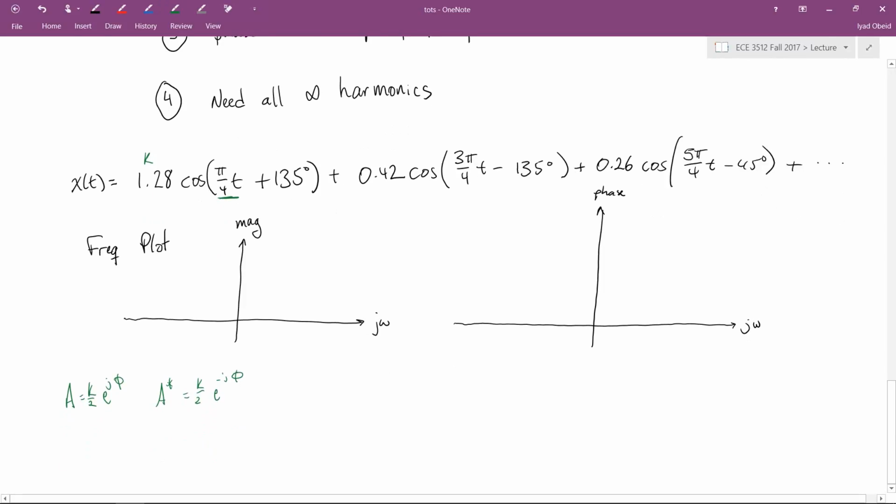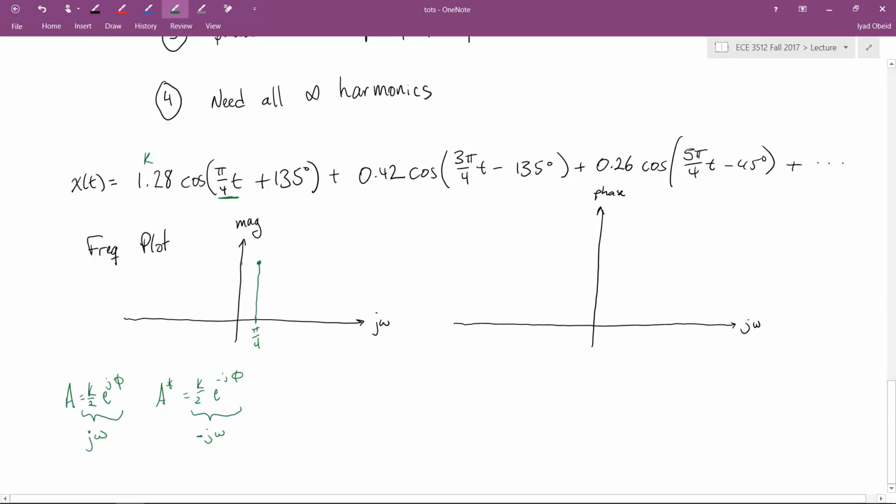A tells us how much energy we have at frequency j omega, and A conjugate tells us how much energy we have at frequency negative j omega. So at frequency pi over 4, I have an amplitude of 0.64.